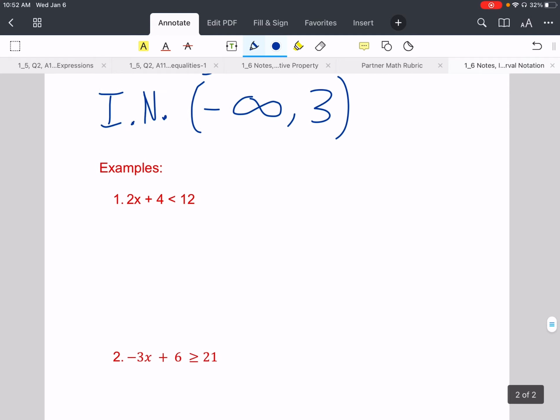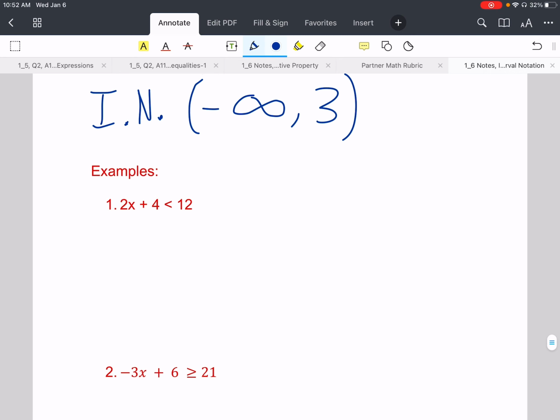All right, so some simple problems. You're going to solve the inequality. So in this case, we subtract 4 from both sides first. We get 2x is less than 8. Divide both sides by 2. We get x is less than 4. So that would be your first step.